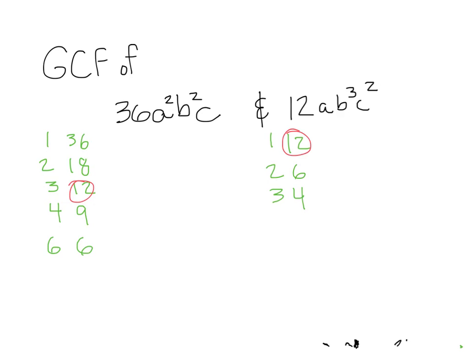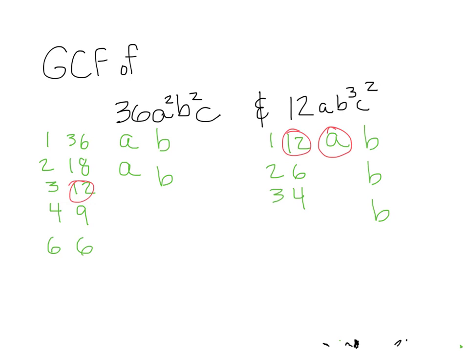As we start looking at our variables, we can simply think about how many of each do we have. In this case, we have a, and over here we just have 1a. So we know that our GCF will have only 1a. We have b squared, and b cubed.